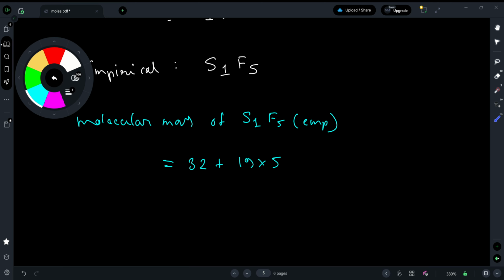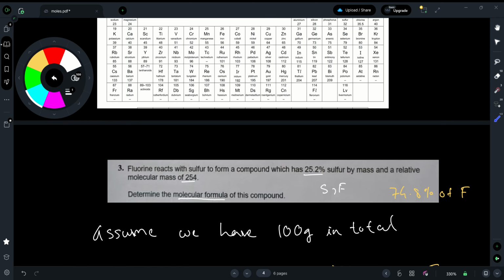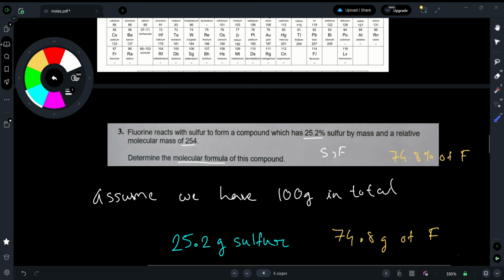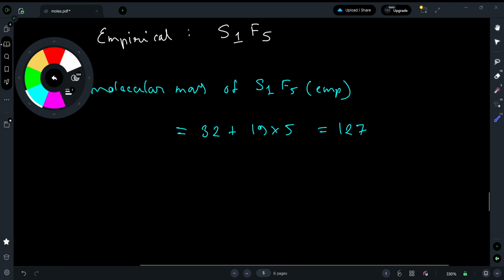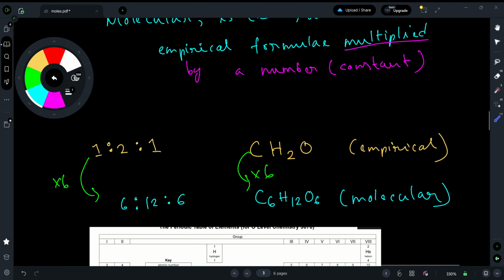So 32 plus 19 into 5, that is 127 relative atomic mass units. And we've been given that the true molecular mass of the compound is 254.